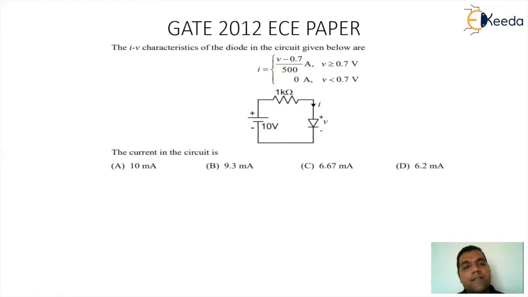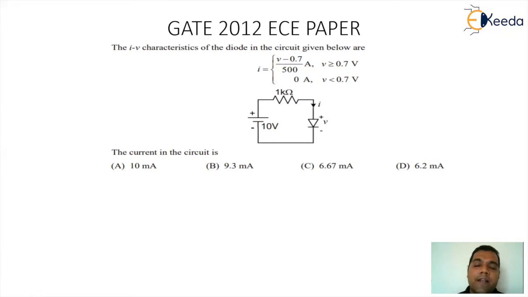The question says, the VI characteristics of the diode in the circuitry are given by an equation: I is equal to (V minus 0.7)/500 ampere for V greater than or equal to 0.7 volts, and is equal to 0 ampere for V less than 0.7 volt.